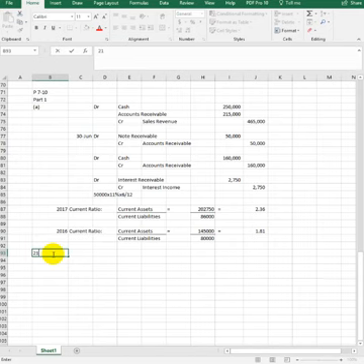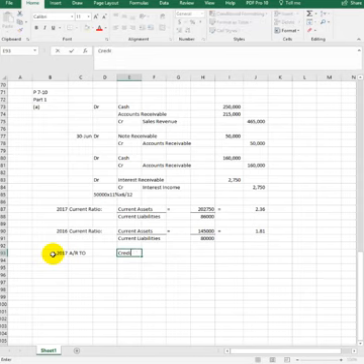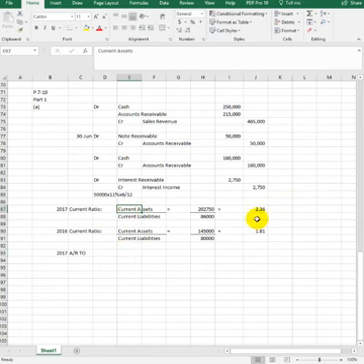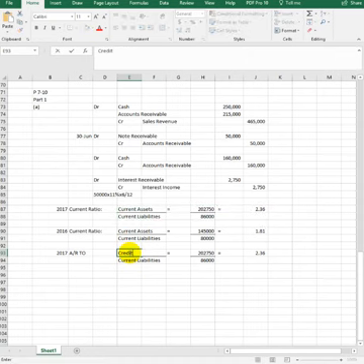We need to calculate the 2017 accounts receivable turnover, ARTO. And so for that, we want credit sales. I think we'll do the same as we did up here. Just take those, and we'll rename them. Let's go credit sales over average accounts receivable.